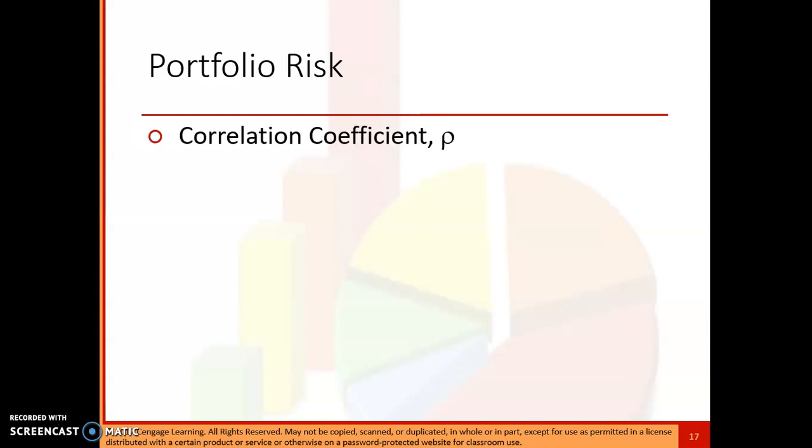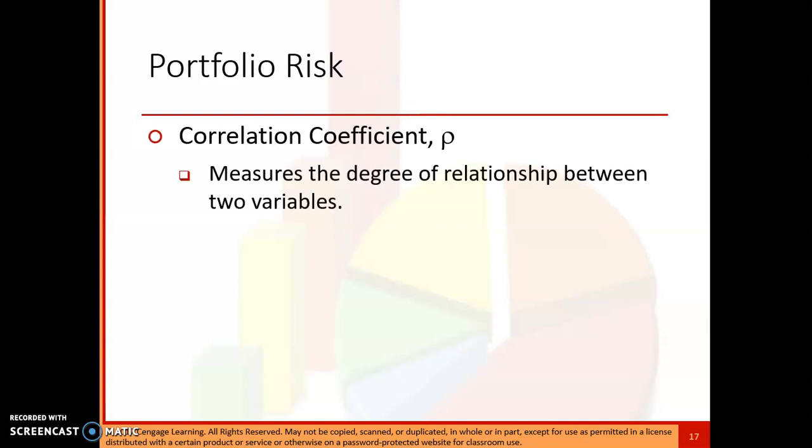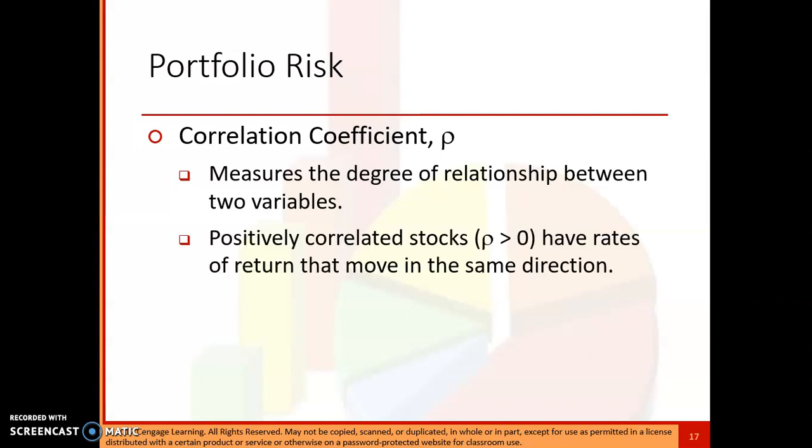So correlation coefficient measures the degree of relationship between two variables. We're not going to calculate the correlation coefficient in this chapter, but it's important to understand. Positively correlated stocks have rates of return that move in the same direction. This is not necessarily desirable.